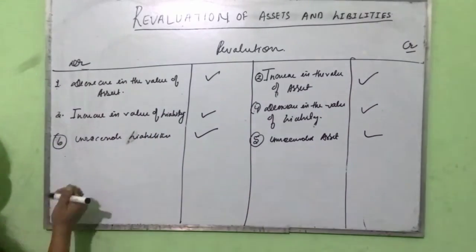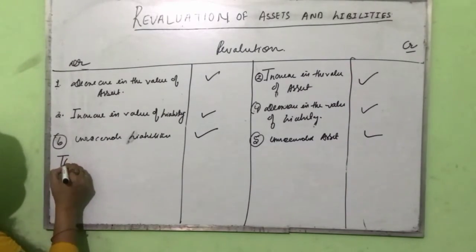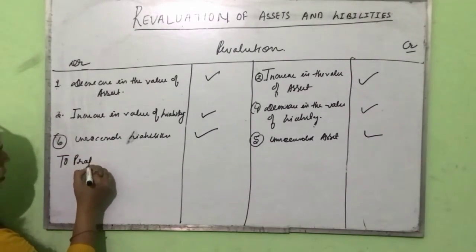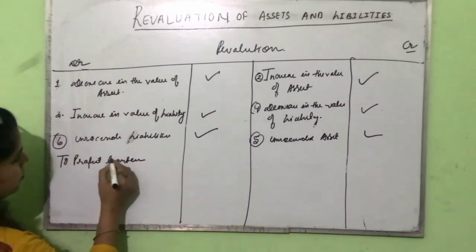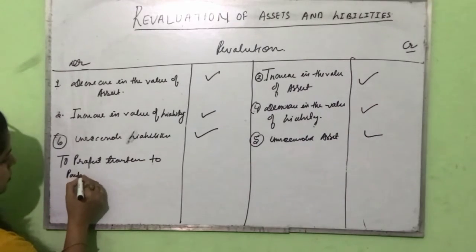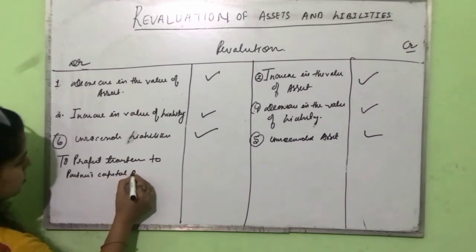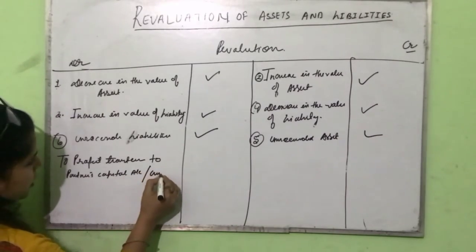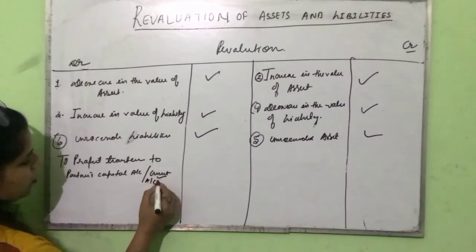So when we close our books of account, if it is profit, we will write by profit transfer to partners capital account or current account. Now I think you know it very well when we write current account.